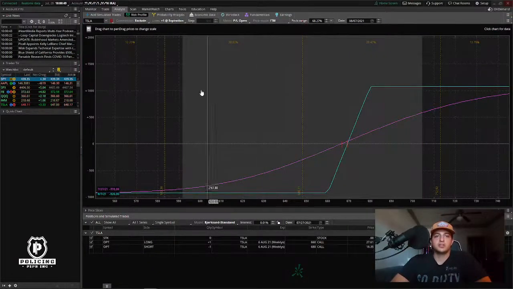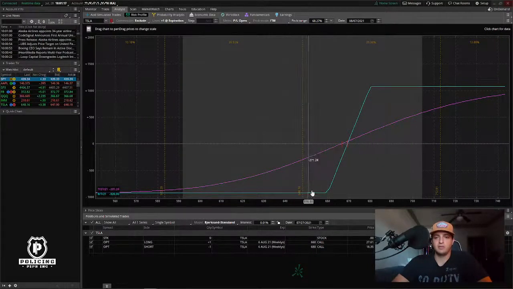So this is a risk profile analysis on any position that you're in. The blue line is your max loss and max profit. Actually, I'm sorry, not at certain time frames. The blue line is the expiration date. So if the price is above this point, this is how much you're going to make on the day it closes.